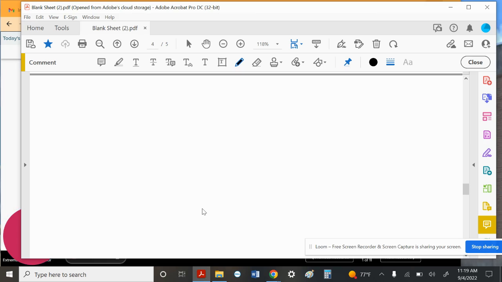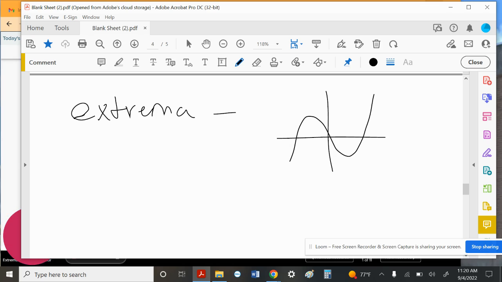So in this case now, we have our extrema. If we look at a function, our extrema would be this relative max and this relative min. Now they all kind of go together.